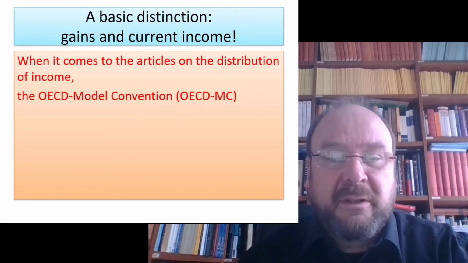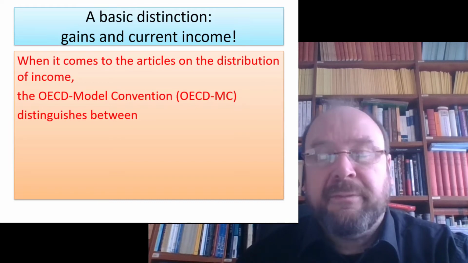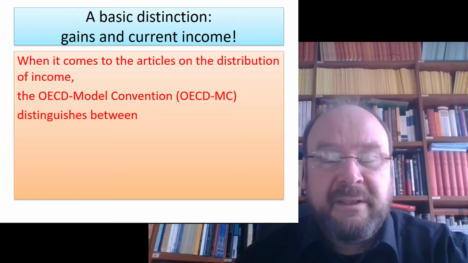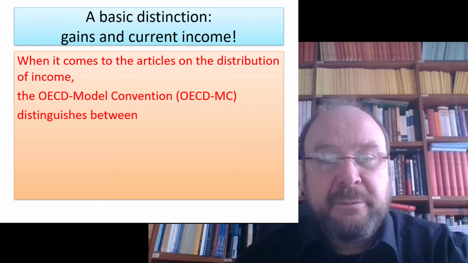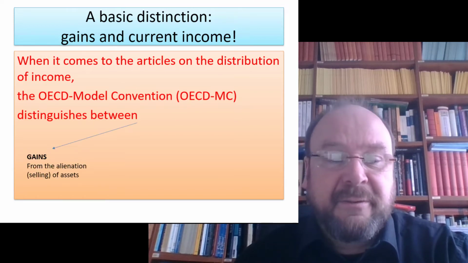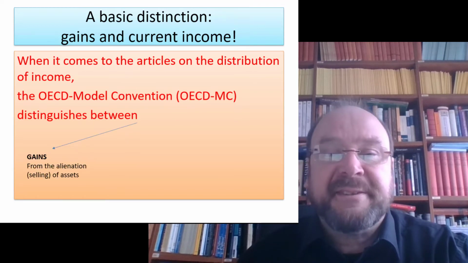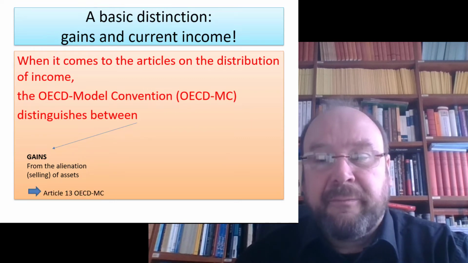And the OECD Model Convention distinguishes between two different kinds of income, or two different kinds of events, to be more precise. The first one is gains from the alienation, so the selling of assets. That is Article 13.